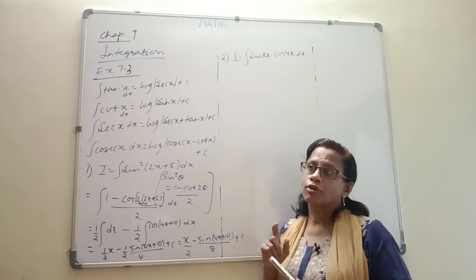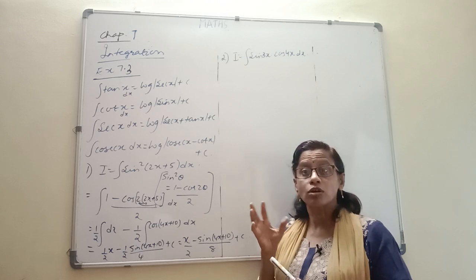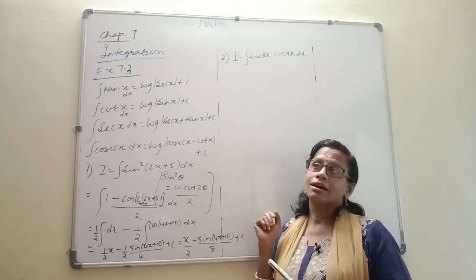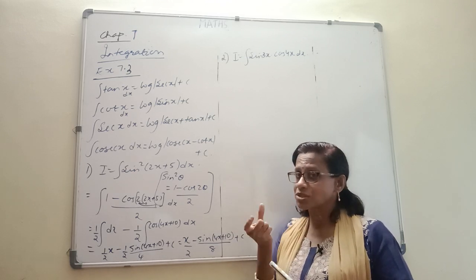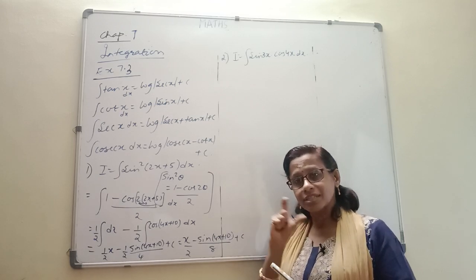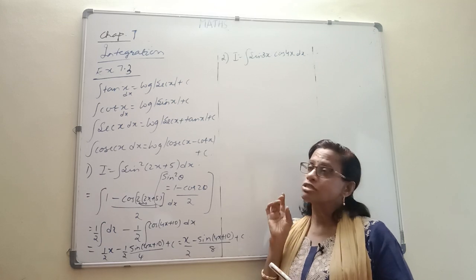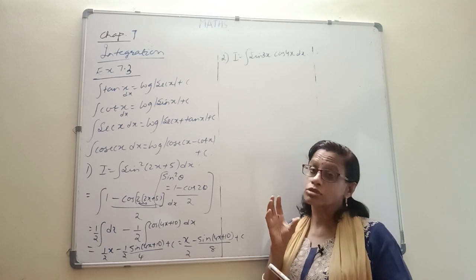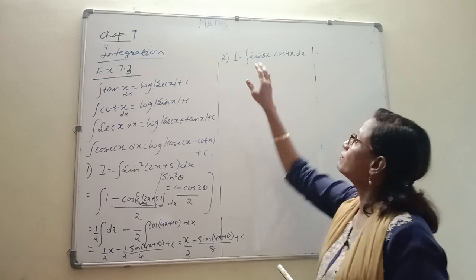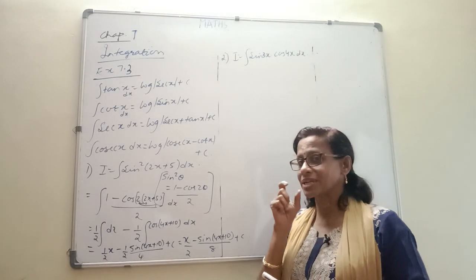In the product formulae, we had sin A cos B, or cos A cos B, or sin A sin B. Whenever we have sin A cos B, it is going to be a sum of sines depending on the values of A and B. So we are going to check how the sine value and cos value compare. The sine value is smaller, the cos value is bigger. That means there is going to be a subtraction in between.